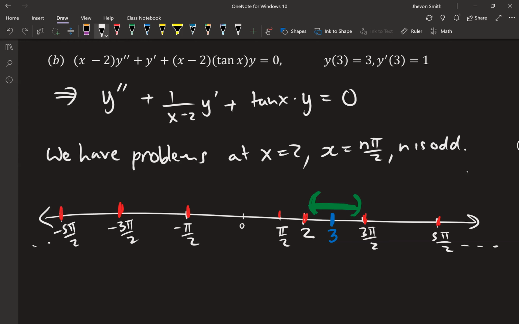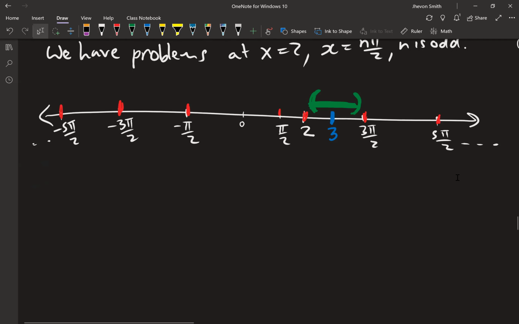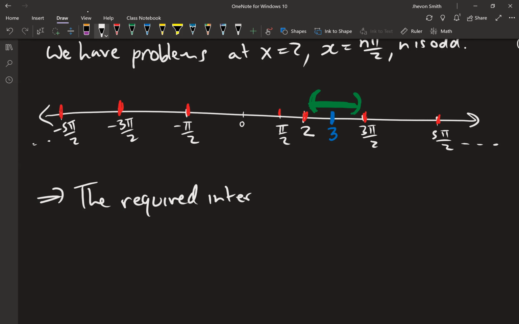And at the same time, it doesn't go over any of the problem points. So here, the required interval is 2 to 3 pi over 2.